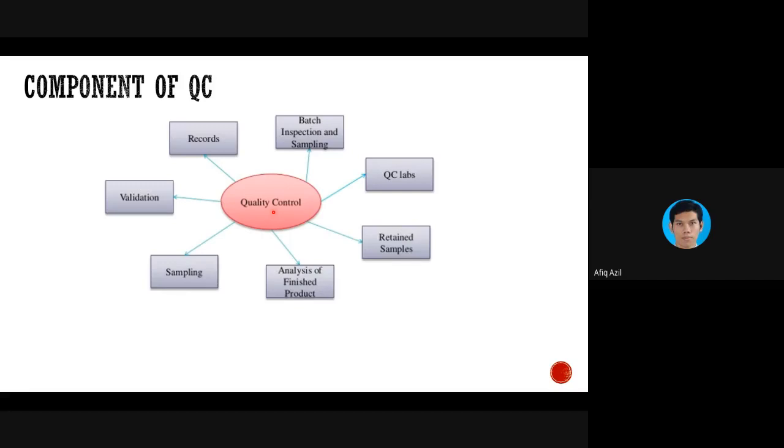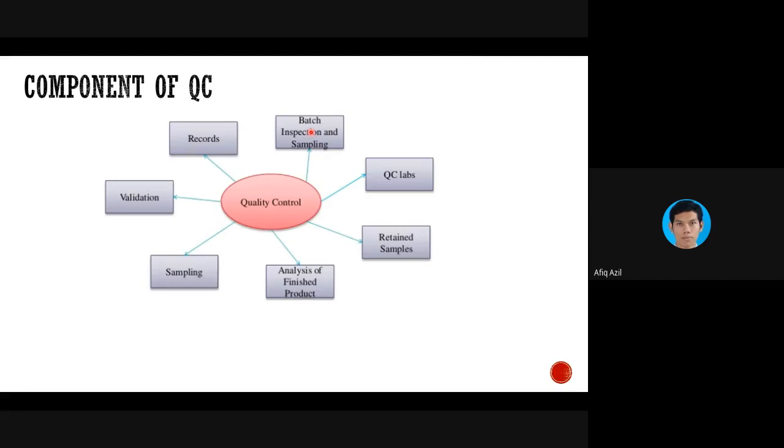Okay, clear? Yes. So, in terms of sampling, normally the tablets will be placed in a very big drum, so you cannot just simply take from the top. You have to take some from the bottom, some from the middle.